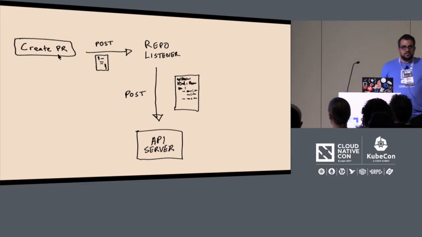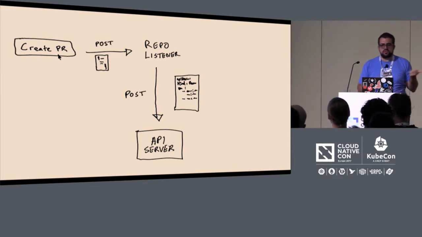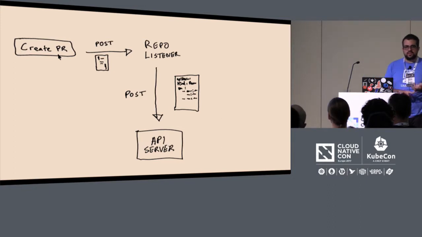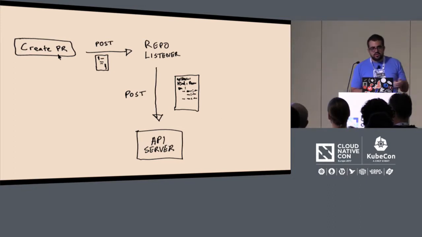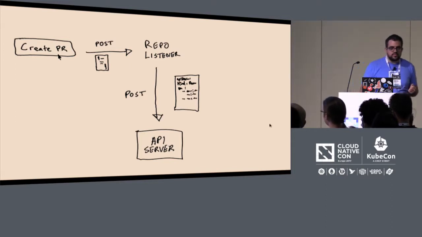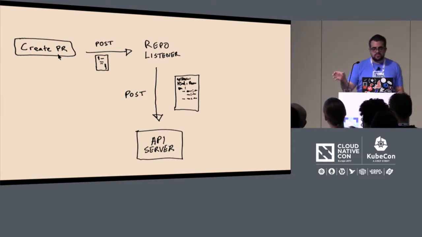And that post request has a whole bunch of JSON that includes the repository, the author, the user, the time, but the parts we want are the repo, the pull request number, and the commit ID. And so we can pull those out and then create the review deployment resource. So we pull out the information we want and then post it to the Kubernetes API server.